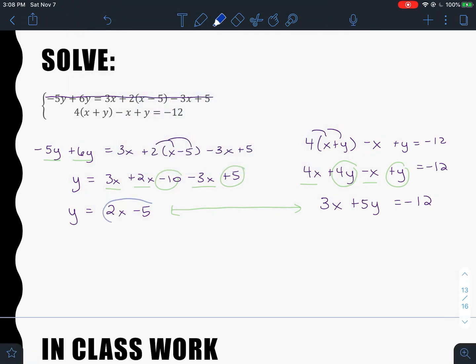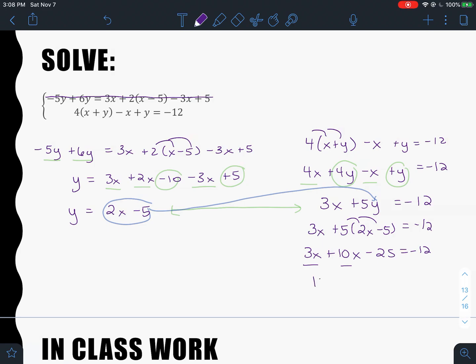Now notice one of the equations is already solved for y. Y is equal to 2x minus 5. So now I can take that 2x minus 5 and substitute it in for the y in the second equation. So now this is going to become 3x plus 5 times 2x minus 5 is equal to negative 12. Distribute the 5.